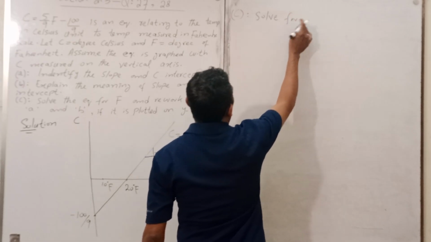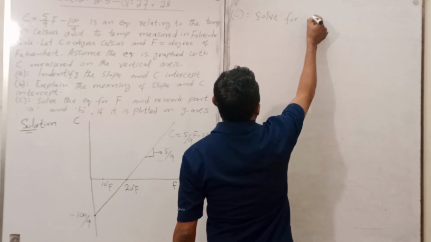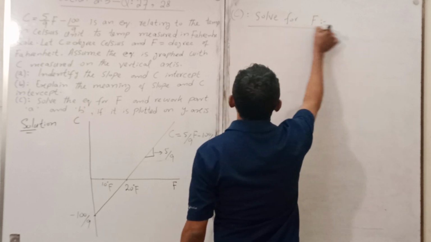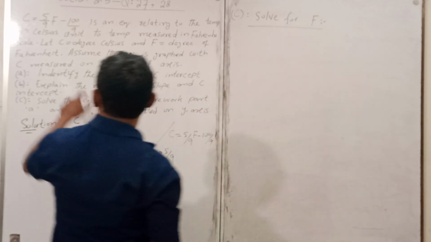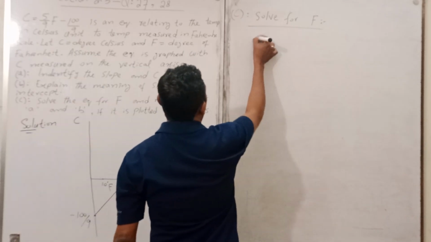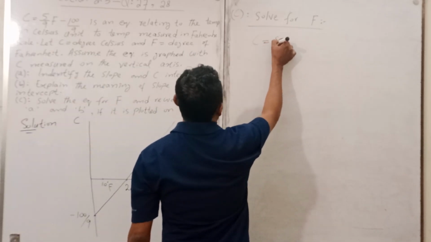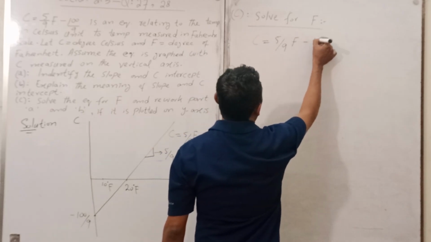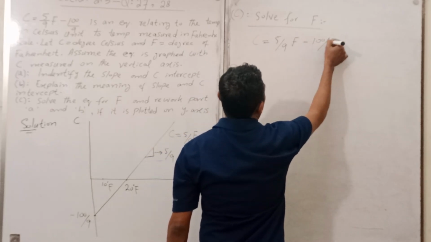Solve for F. Okay, this is our given condition: C equal to 5 over 9 F minus 100 over 9.